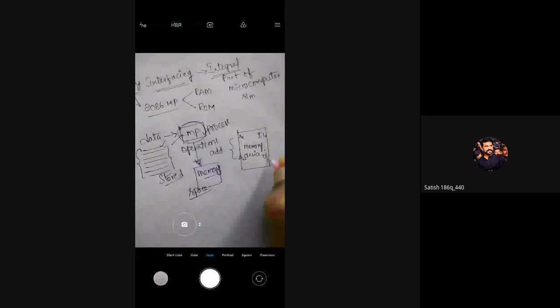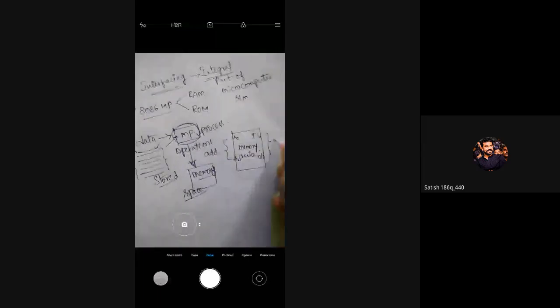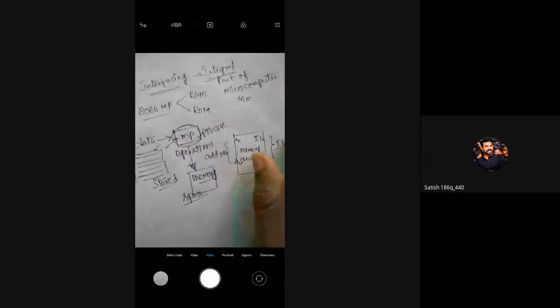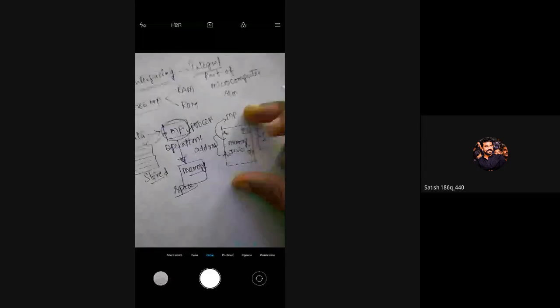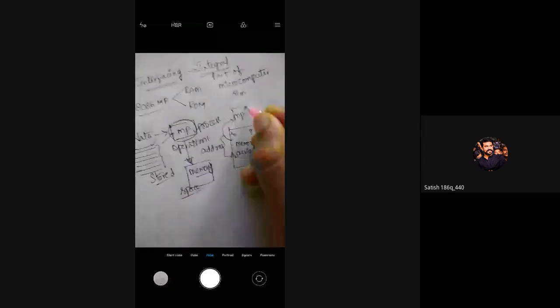Through these address lines, we will connect a microprocessor to this device. The microprocessor will get interfaced with this memory device by these address lines.